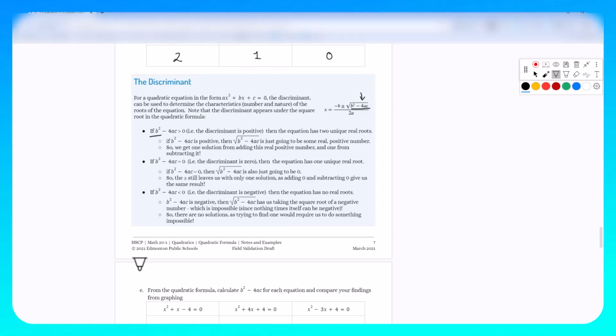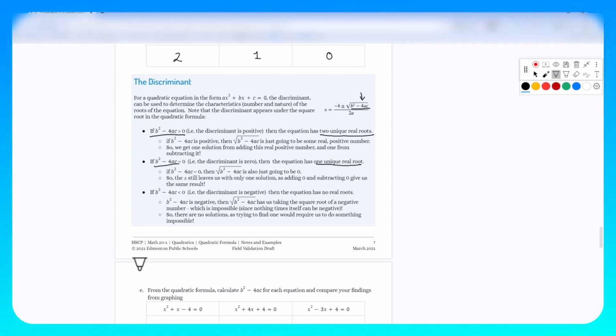If the discriminant is positive, in other words, if we calculate b squared minus 4ac and it's greater than 0, we know there are going to be two unique real roots. If it equals 0, then the equation has one unique real root.